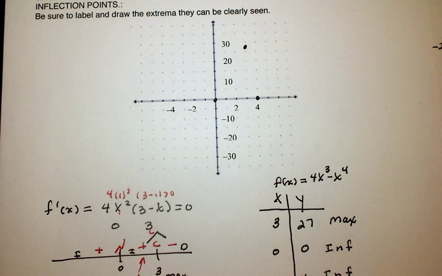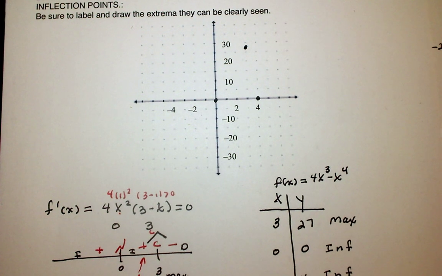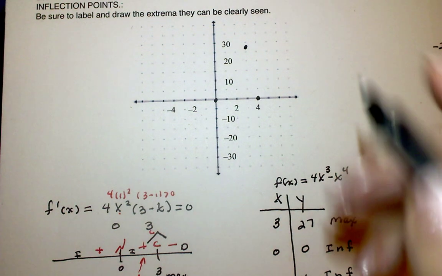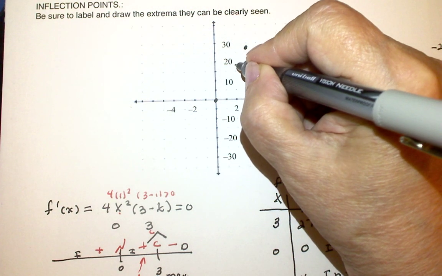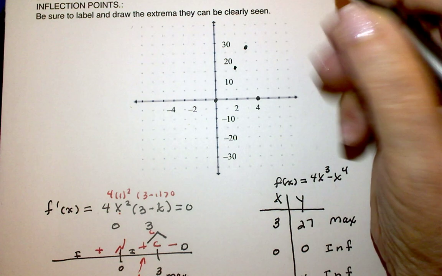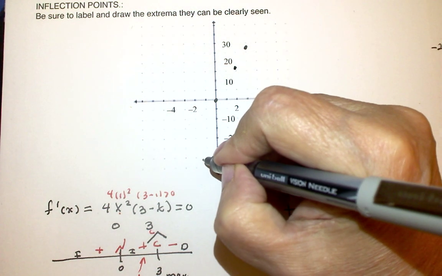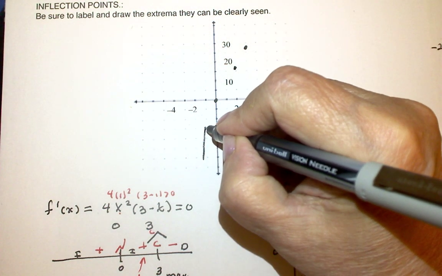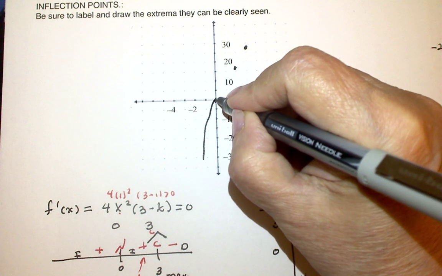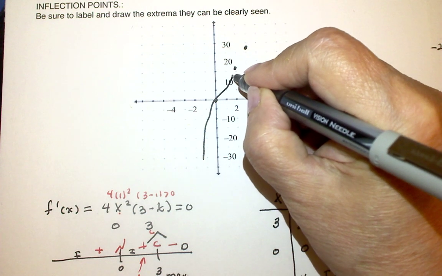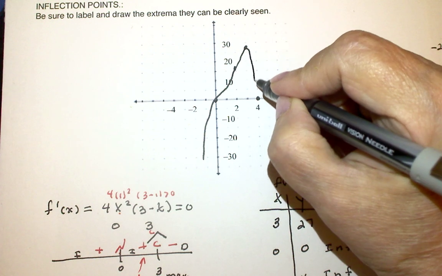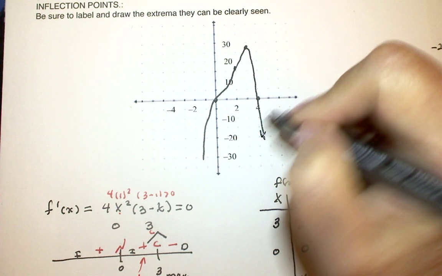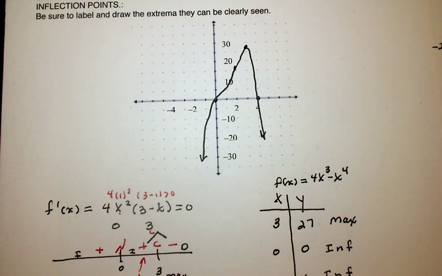I have an inflection point at (0, 0), and I have an inflection point at (2, 16), which is about right there. So this guy's going to be coming up, concave down, changes to concave up, changes to concave down. So that's what he looks like.